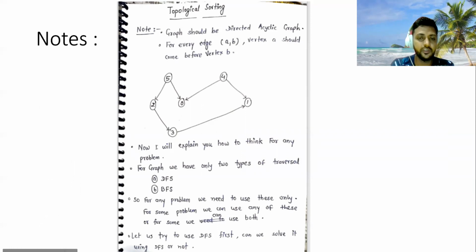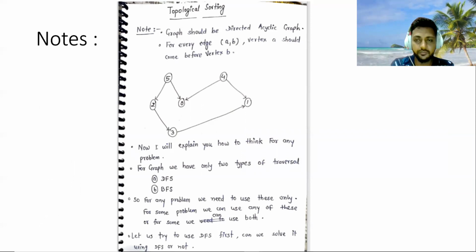One second, let me move it to this side. First of all, the graph should be a directed acyclic graph, which we have discussed already. For every edge A to B, vertex A should come before vertex B, and we are also clear on that part.